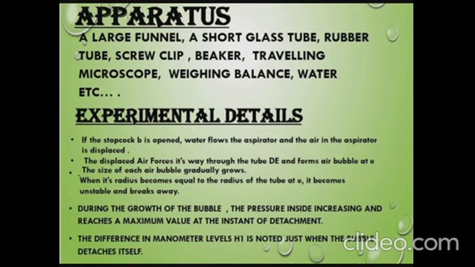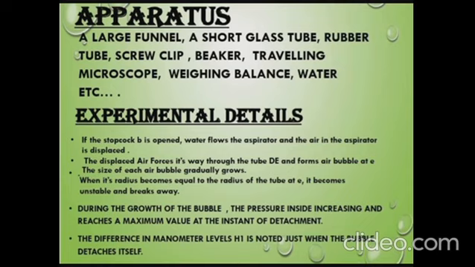Experimental details. If the stop clock B is opened, water flows from the aspirator and the air in the aspirator is displaced. The displaced air forces its way through the tube DE and forms an air bubble at E. The size of each air bubble gradually grows.